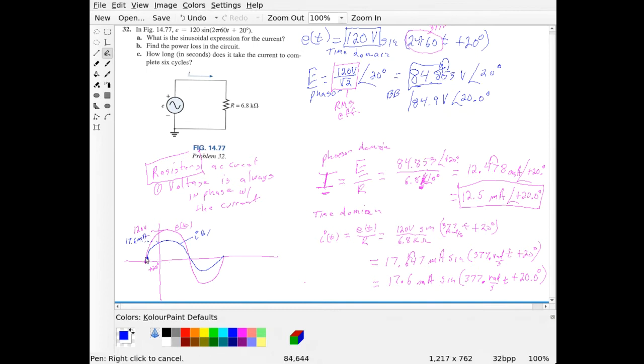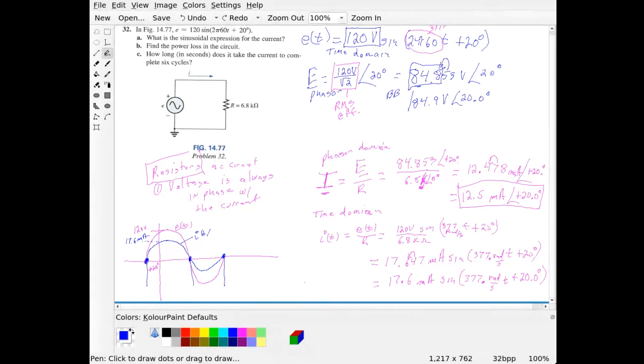One of the things to note is that they both start at the same point, right here where they cross 0 and return to 0, everything is exactly the same.